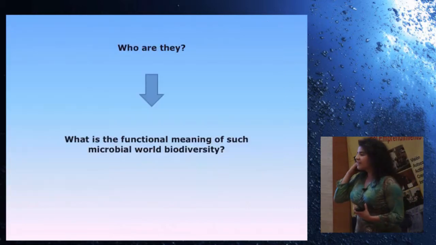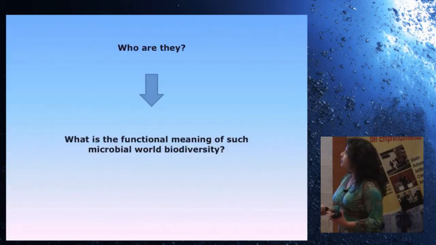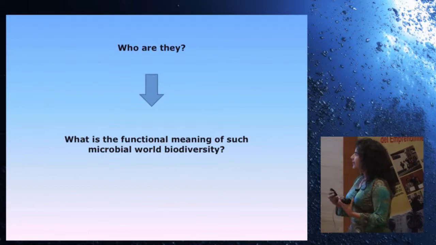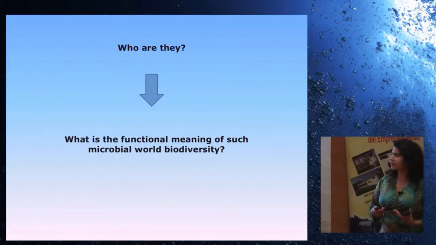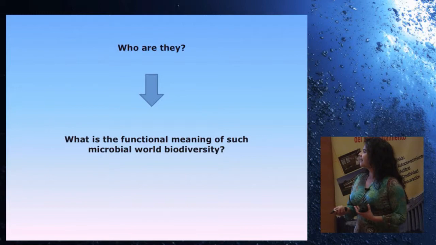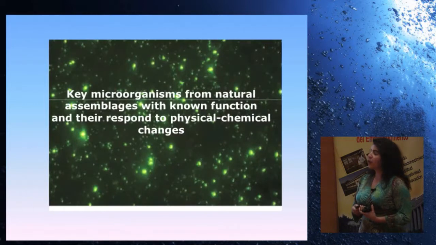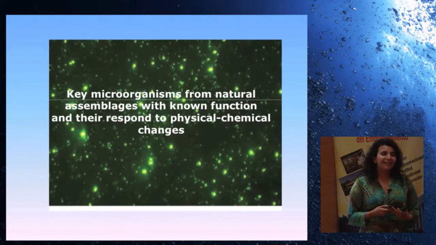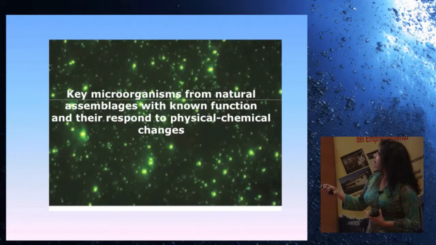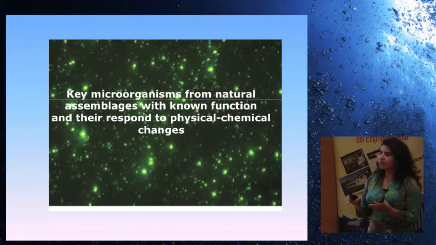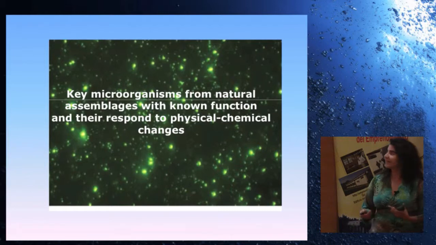So what is the perspective that we are using related with this functional meaning? What does this mean? And our focus, or my interest, was mainly related with specific or key processes in the environment, especially related with nitrogen cycling.